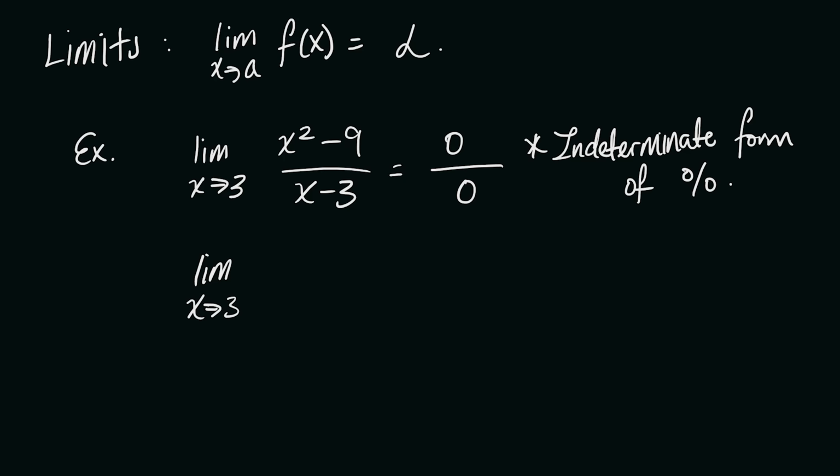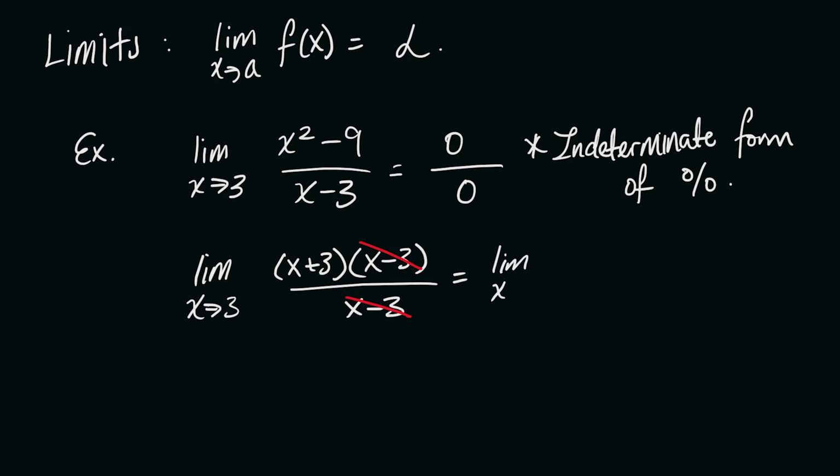The factors of x squared minus 9 are x plus 3 times x minus 3, over x minus 3 at the bottom. The x minus 3 cancels out on the top and bottom, which leads you to the limit as x is approaching 3 of x plus 3, and our answer is 6.